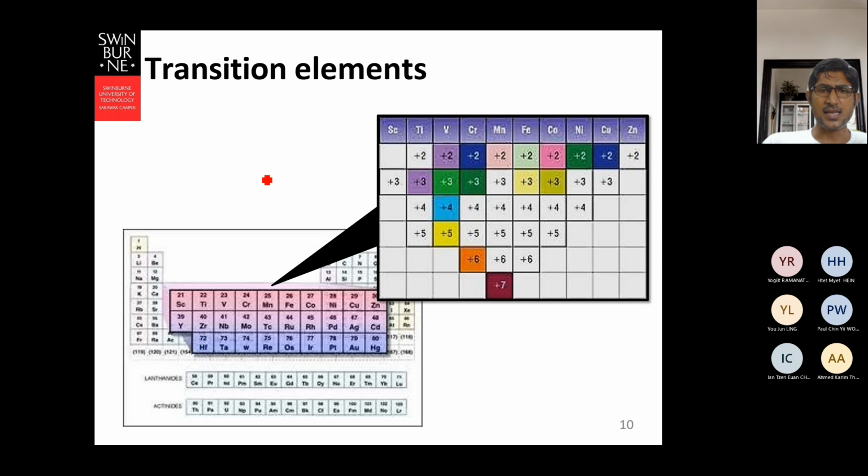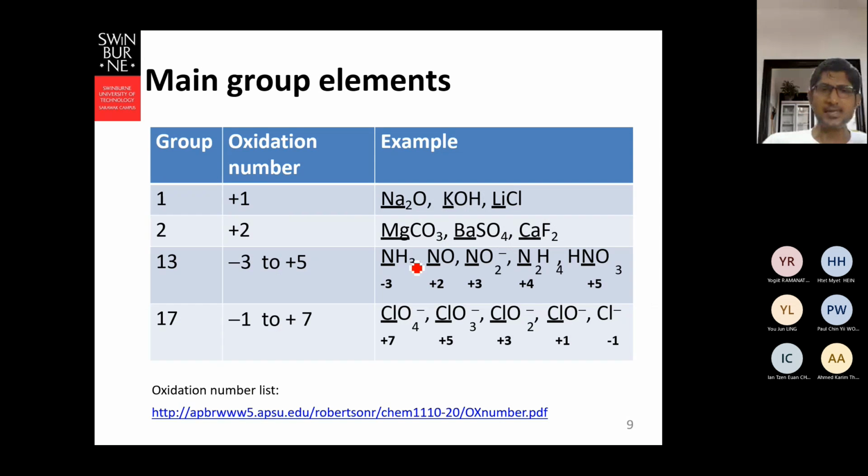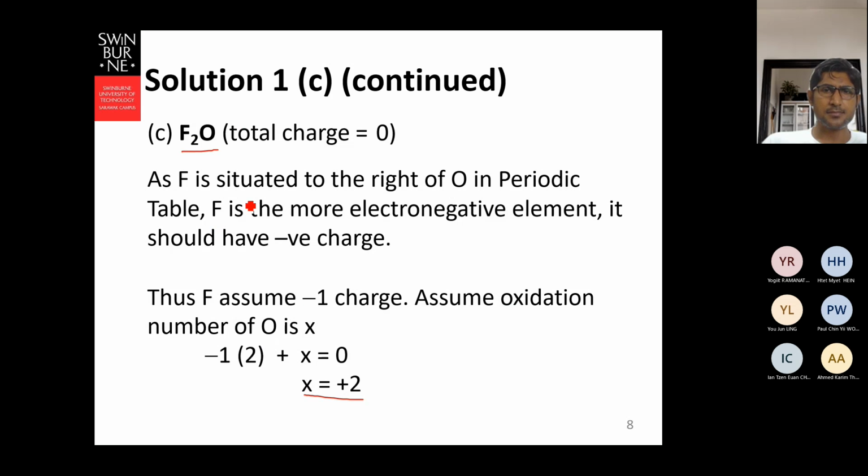Another interesting thing is that for oxygen we always consider -2, but here we see it is +2. That means the oxidation state is not universal.